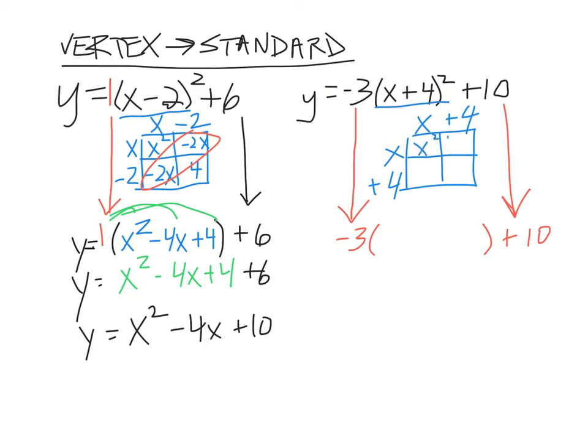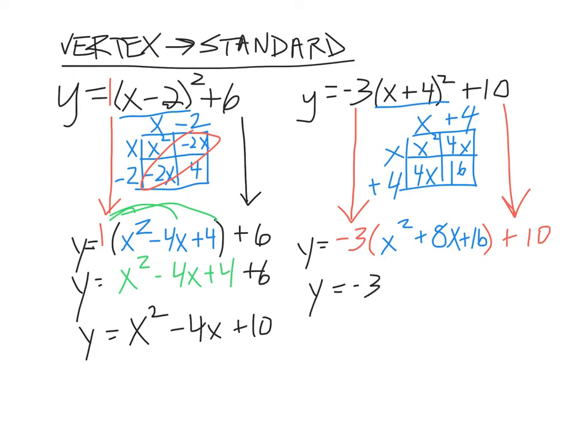So x squared, 4x, 16. So x squared, combine your diagonal, 8x plus 16. Now I didn't promise all these numbers are going to be super happy, as you can tell. So we're going to distribute.